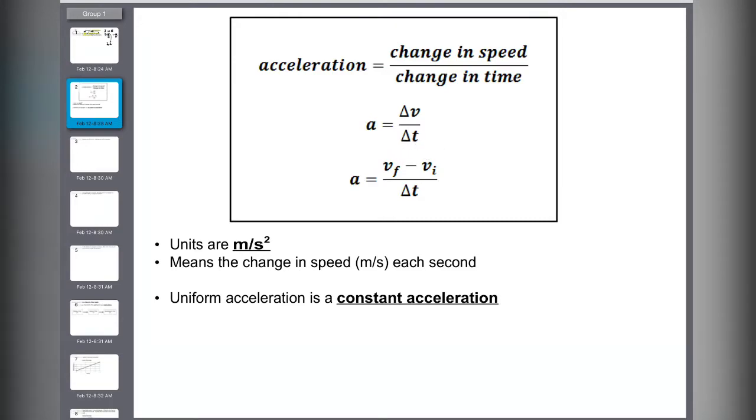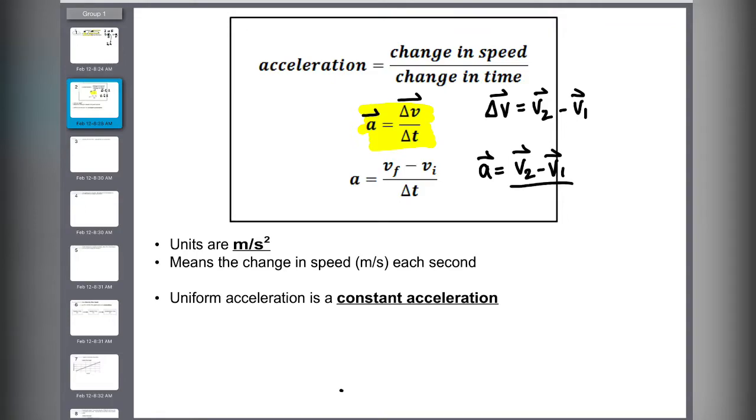Okay, so the equation is this one. Acceleration is delta V over delta T. And they're not being careful here. Can you please add the equals sign? Anything that is changing, it is the final minus the initial.